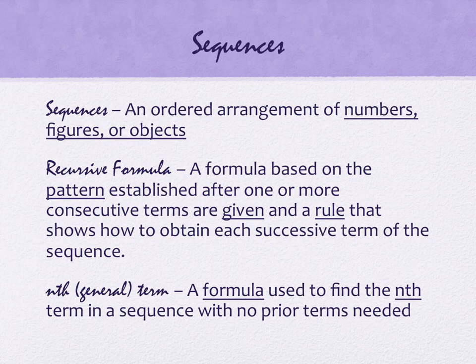Now, a recursive formula is a formula based on the pattern established after one or more consecutive terms are given, and a rule that shows how to obtain each successive term of the sequence. That sounds really complicated, but it goes something like this. I'll give you an example.